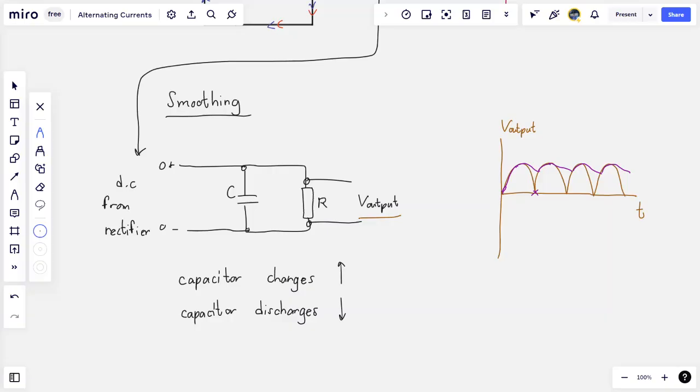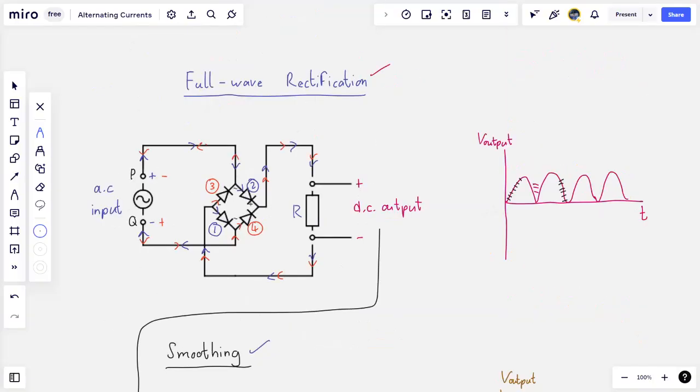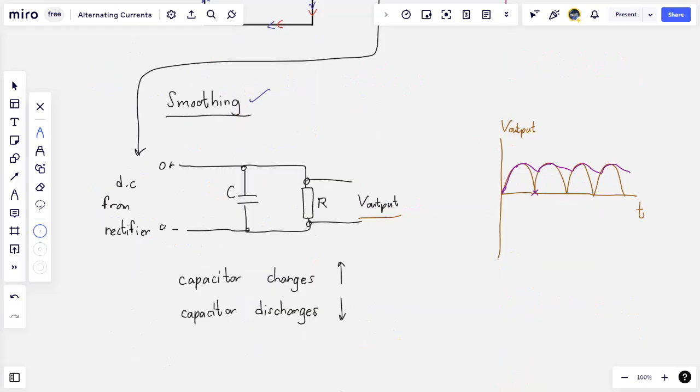If I change the values of this capacitance and the resistance, I get a different type of effect occurring. This effect, by the way, is called smoothing, because I've smoothed out the hills to make it a little bit easier to walk through. Not much of a down before I have to go up again, and not much of an up as well. If I change the value of the capacitor and the resistance, I also get a different shape of smoothing.